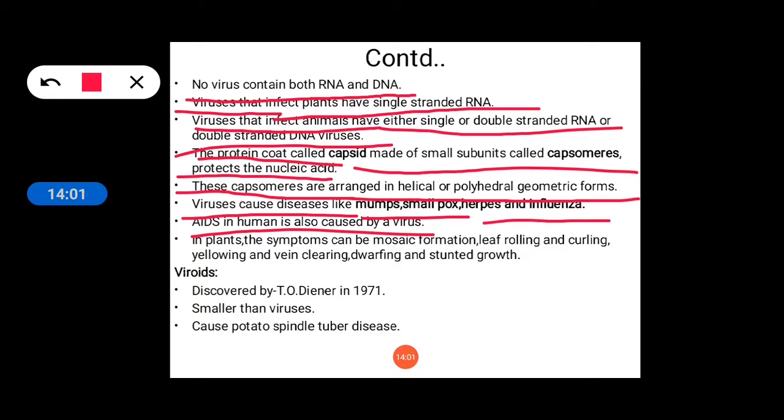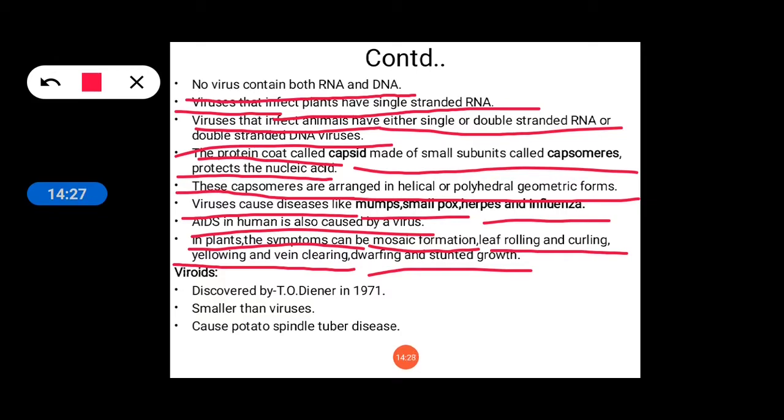In plants, the symptoms can be mosaic formation, leaf rolling and curling, yellowing and vein clearing, dwarfing and stunted growth. These are the symptoms by which we can know that plants are attacked by a virus.